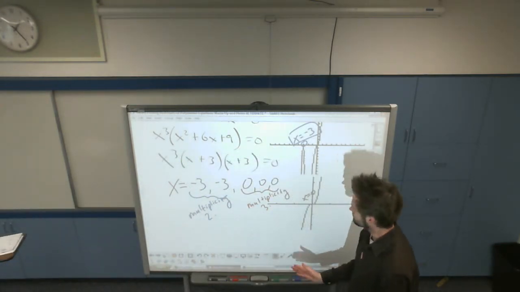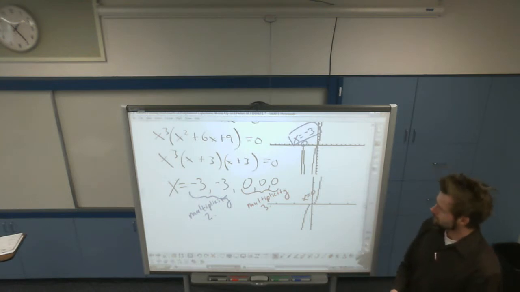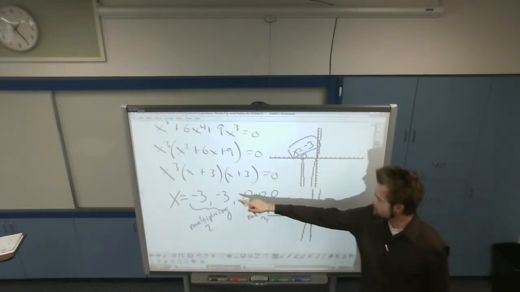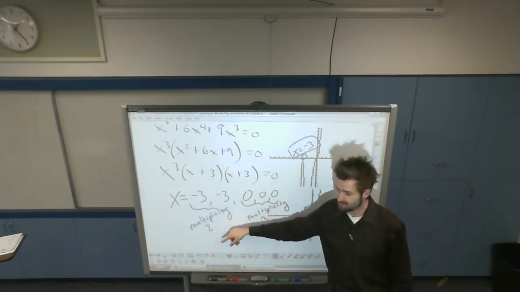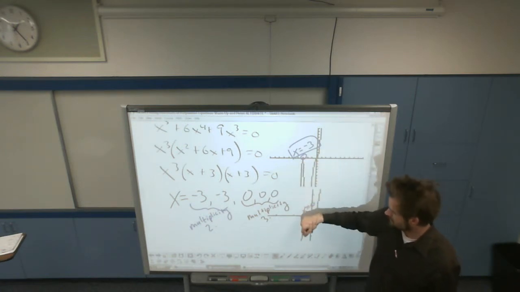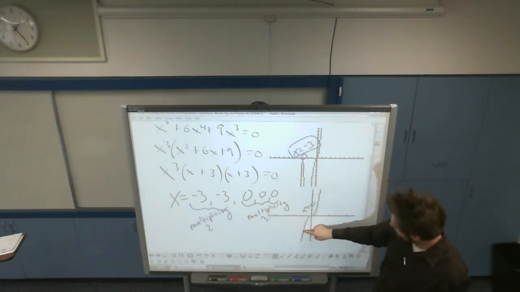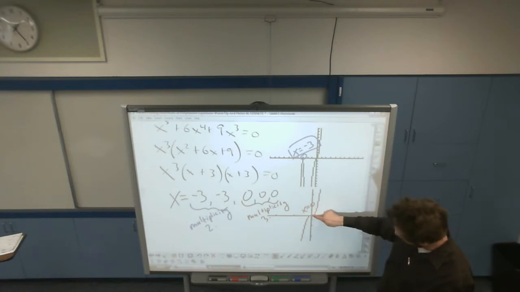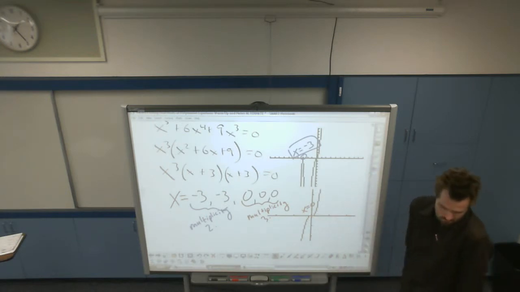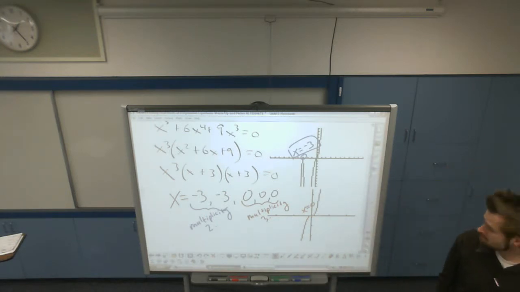Now it's observation time. -3 shows up twice. It does this weird business. 0 shows up 3 times. It does this weird, I mean, it crosses, but it does this weird bend thing here. What's the connection here? What's making it do that?